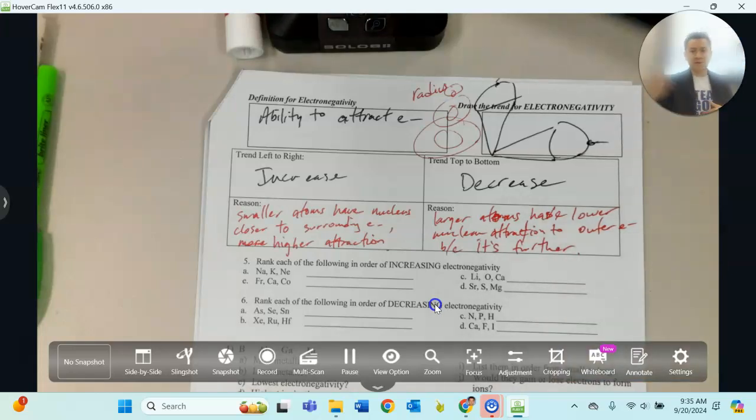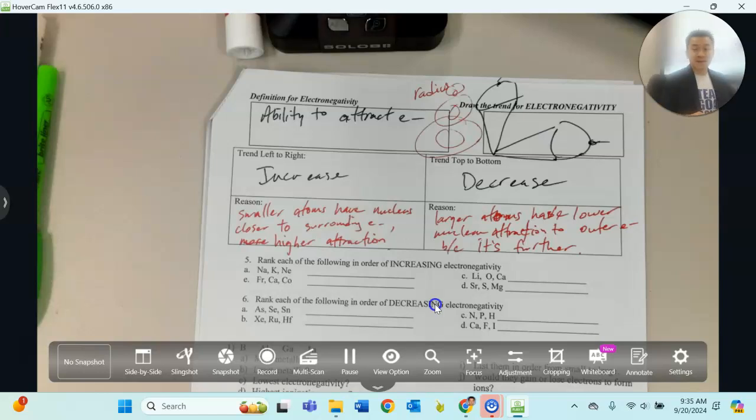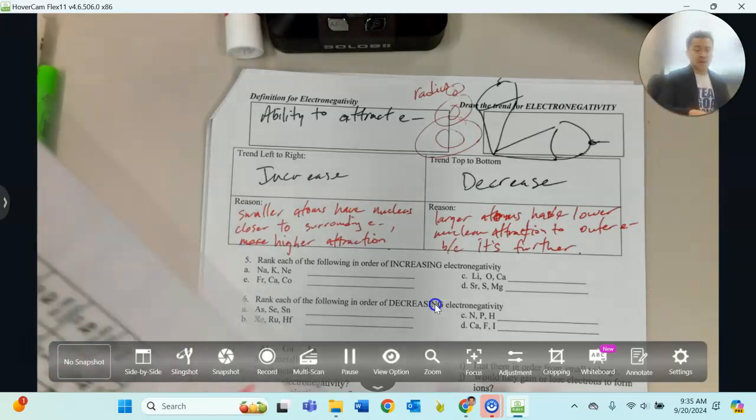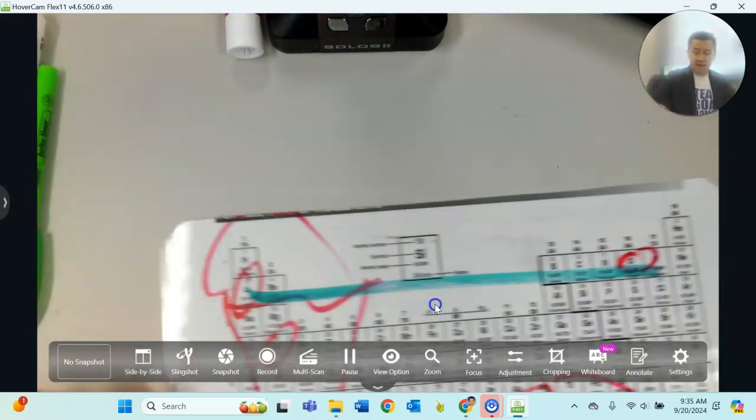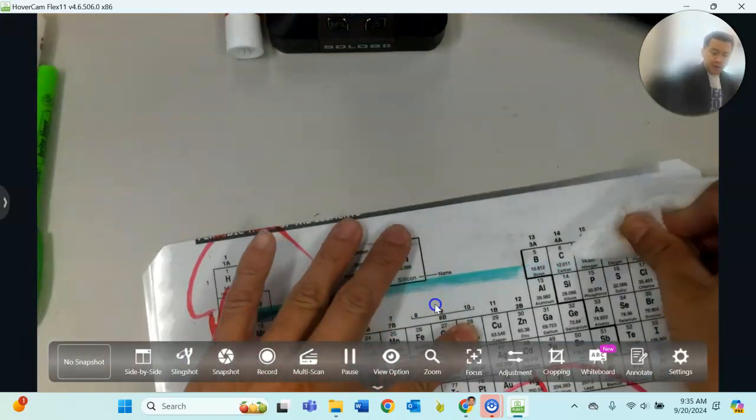The distance is too far out. Pretty simple concept there. So as long as you know the radius, guys, the bigger the atom, as long as you know it's bigger in size, lower in ionization energy, and lower in electronegativity. Okay, so let us practice here.